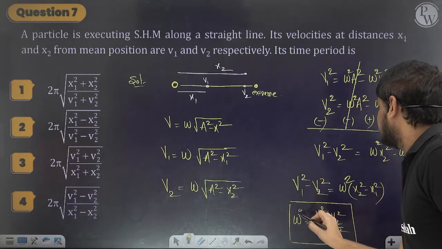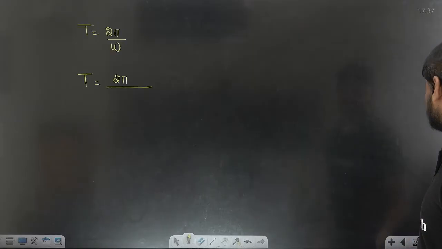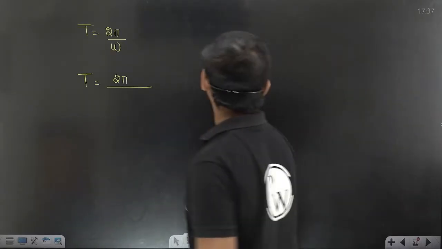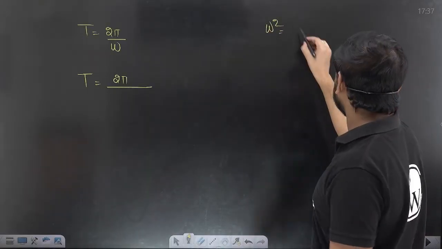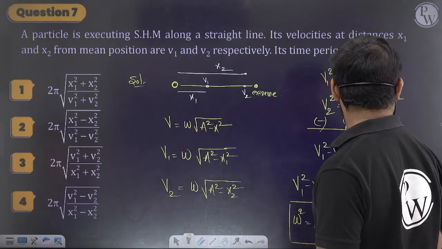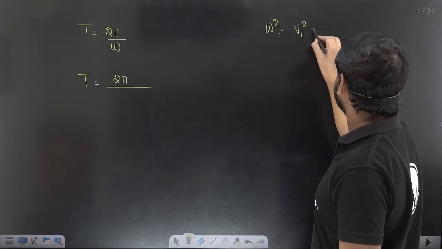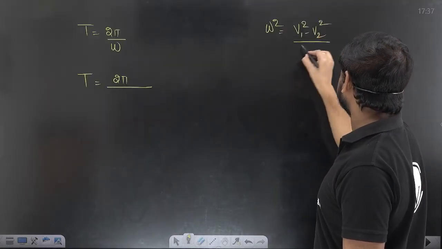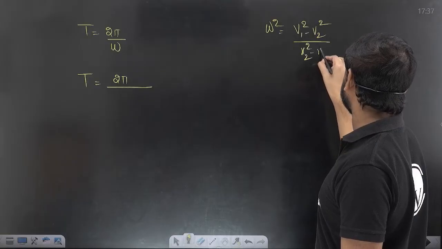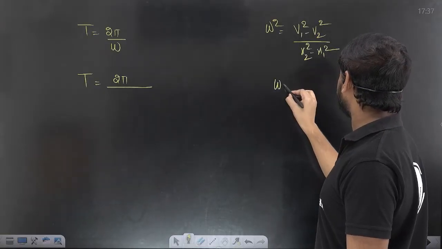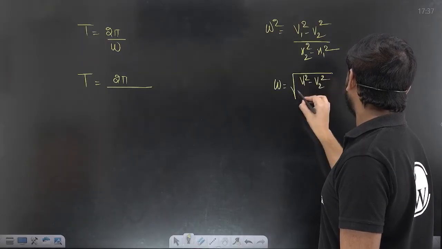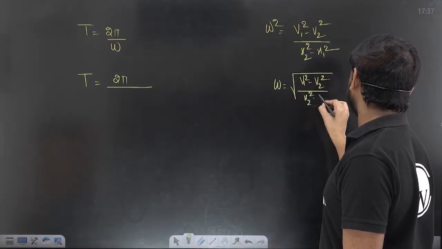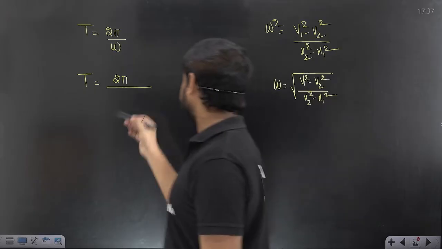So the omega square is equal to v1 square minus v2 square by x2 square minus x1 square. Just the calculations, that's it. So from here omega will be equal to the square root of v1 square minus v2 square by x2 square minus x1 square. Chalo, that omega I am substituting here.